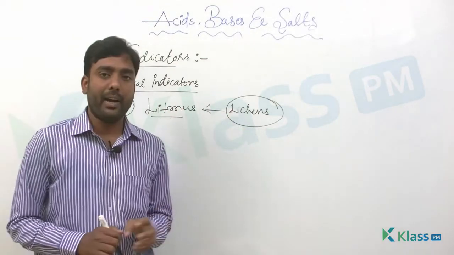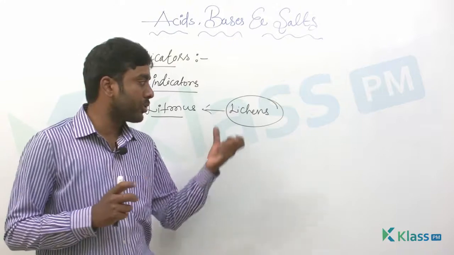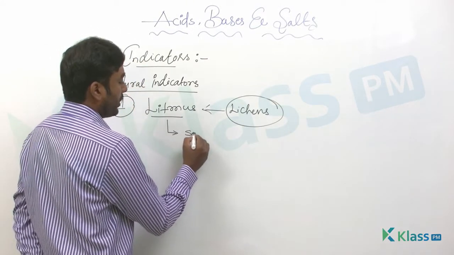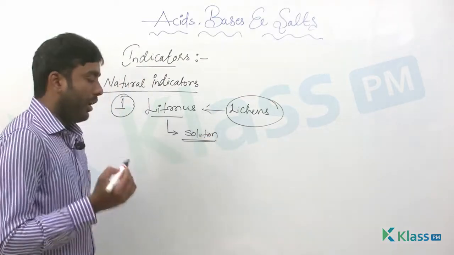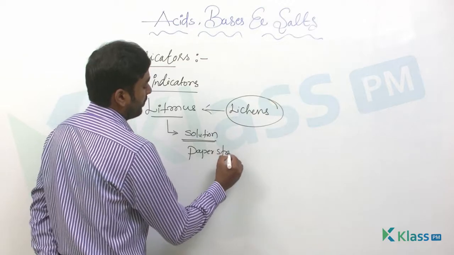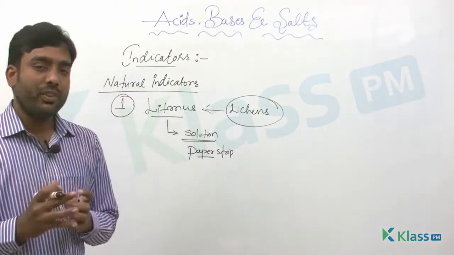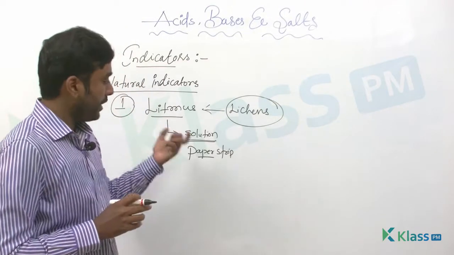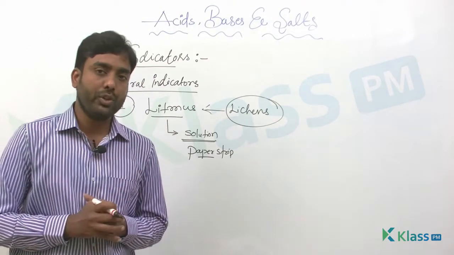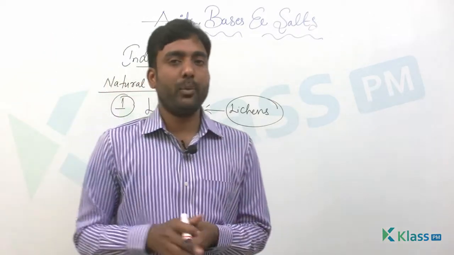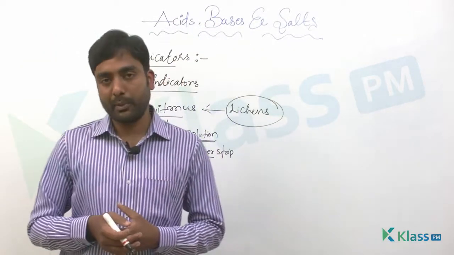Litmus is extracted from a plant source called lichens, and it is available as a solution or in the form of paper strips. If you pour the solution on filter paper and dry it, it becomes litmus paper.